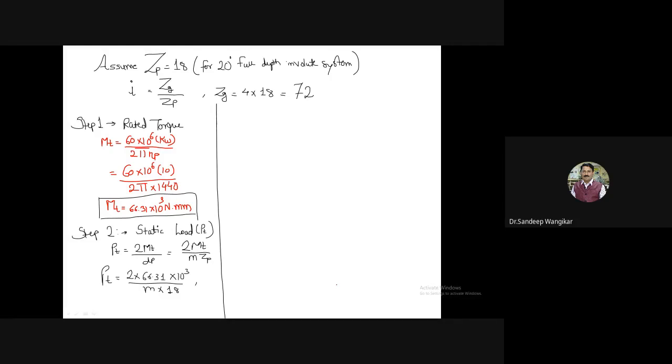So PT is equal to 7368 divided by module. This is the second step. We have calculated PT in terms of module.